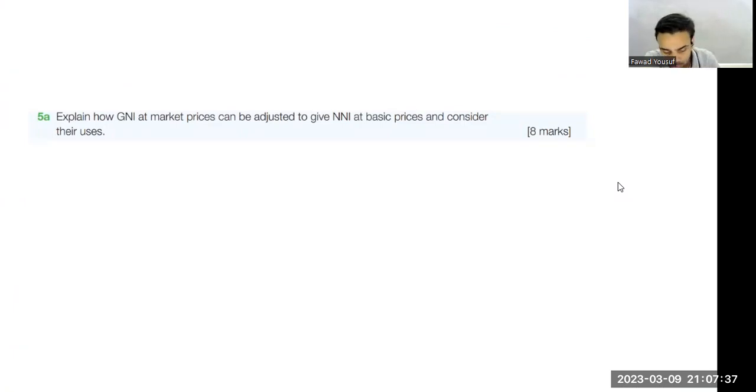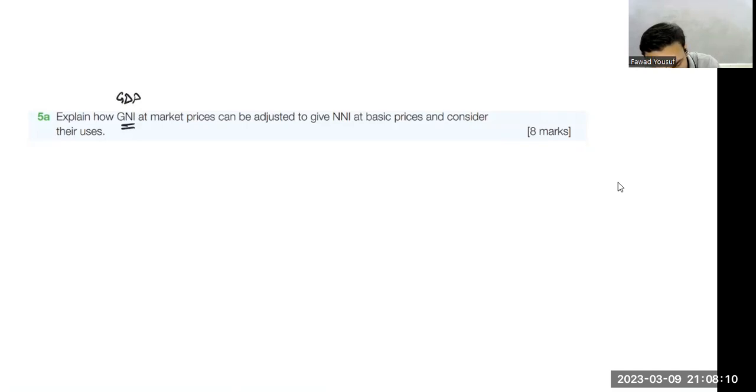Acha, so this question can actually be all the way from GDP to NNI as well, right? Instead of this, they can even suggest GDP at market price and how it can be adjusted to give NNI at basic prices, or consider the uses, okay? I'll go over the GDP aspect also, what the conversion from GDP to GNI is, and then from GNI we'll continue with the question.